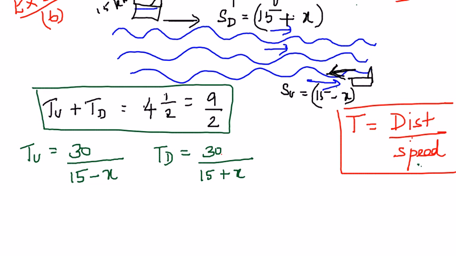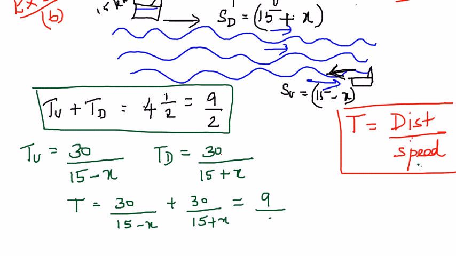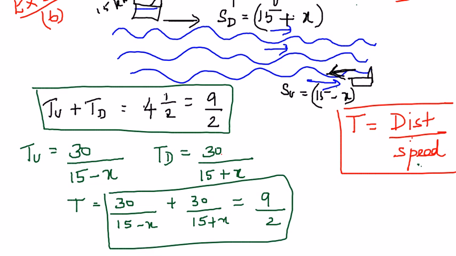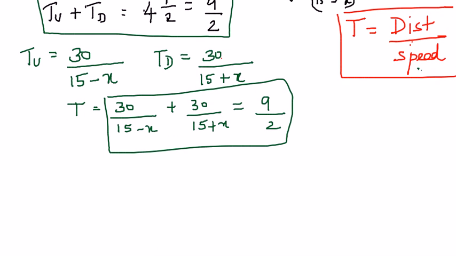Therefore the total time taken t is equal to 30 by 15 minus x plus 30 by 15 plus x, and what do we know? It is 4.5 hours, which is 9/2, right? Anyway, you have to solve. This is like a simple quadratic equation that you know, and you just have to solve this.